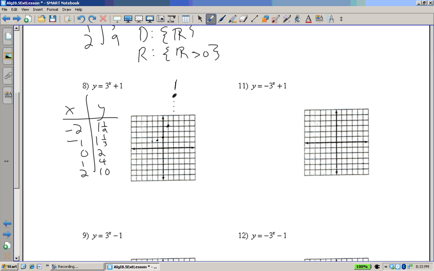And so again, this is just going up extremely quickly. The larger this base becomes, if this were, say, y equals 10 to the x plus 1, of course, that'd be very, very quick growth.